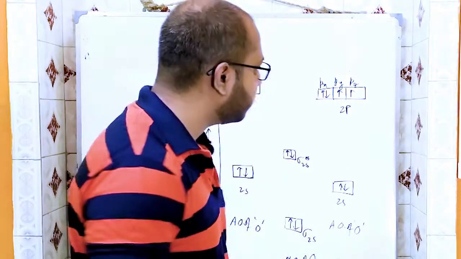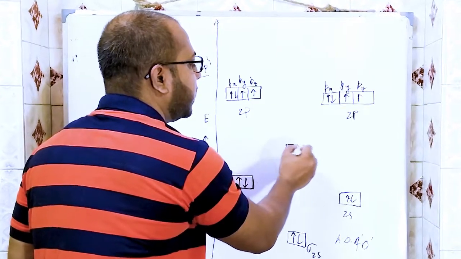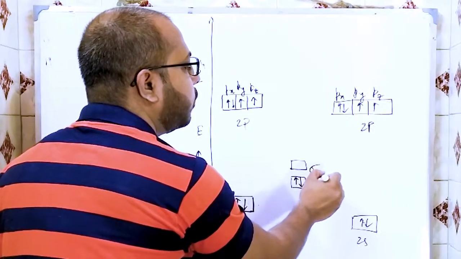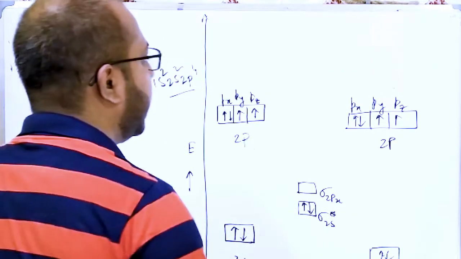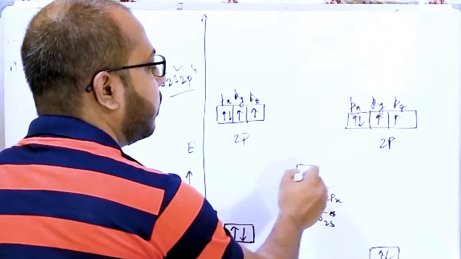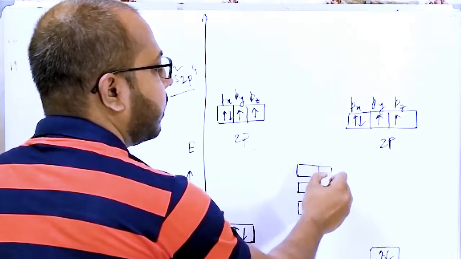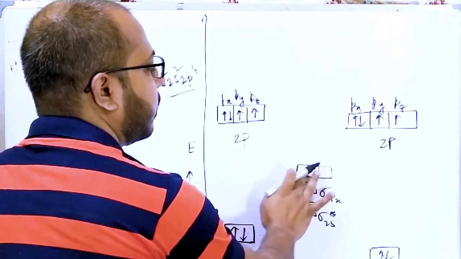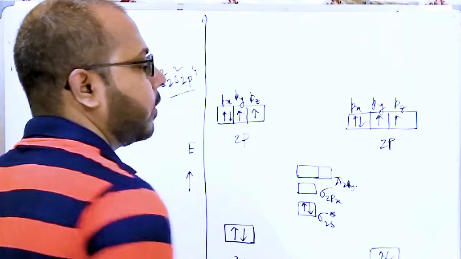So let us draw px forming sigma, 2px, no problem with that. Py will form pi, pi 2py.